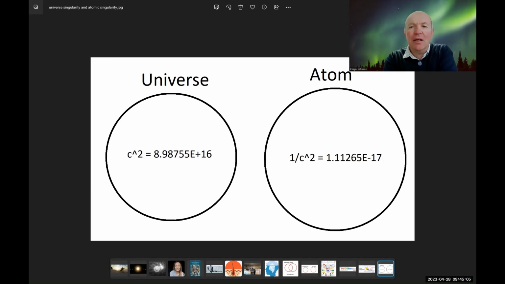So in a way, my model is really looking at the balance of opposites.